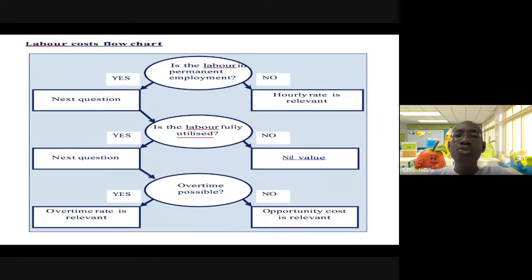Yes, you as an accountant will have to come up with a formula to calculate your cost. And this is the best way. You have to analyze your cost so that only costs that are relevant will be charged to the order. The irrelevant costs are not going to be charged to the order. You understand my point? And I hope I have answered your question.